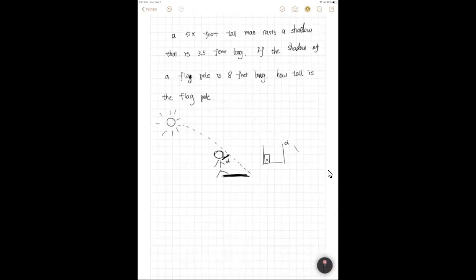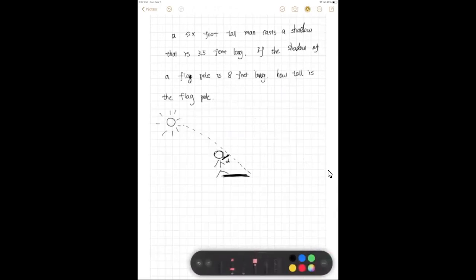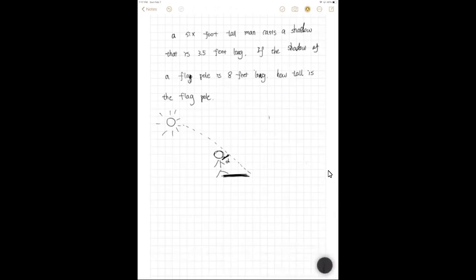Okay, so now they tell you what? There's a flagpole, and the flagpole has a shadow. And we know that the sunlight should be parallel and the angle of this sunlight should also be alpha.